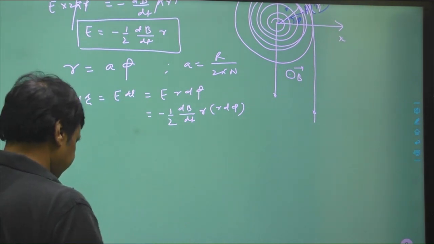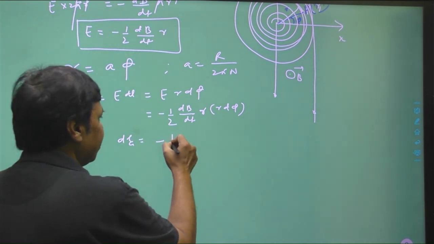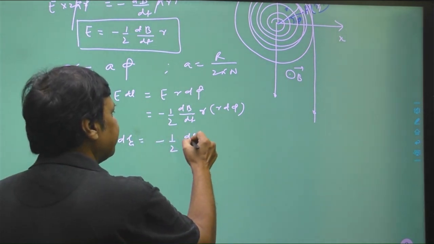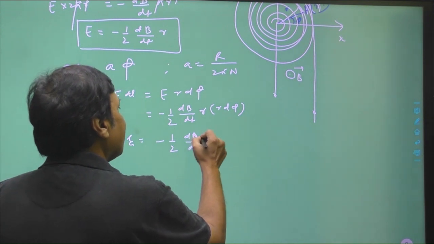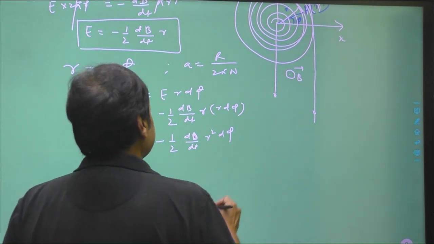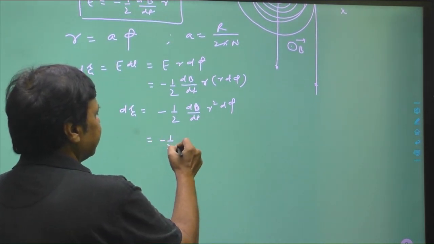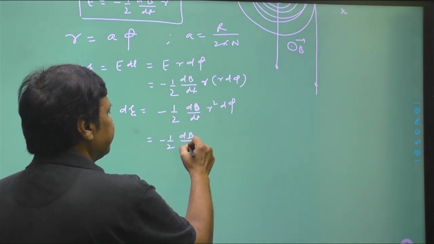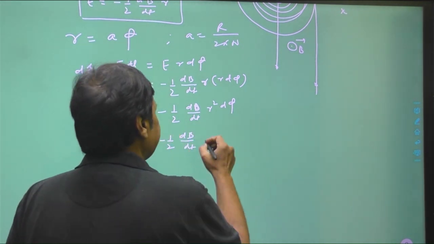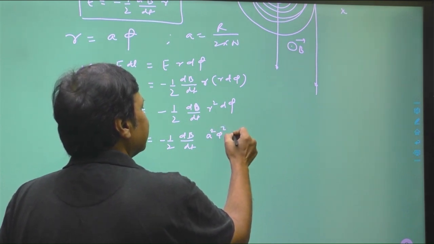So I am writing it as minus half dB by dt integral of r square d phi, and in the next step, with r equals a phi, it becomes a square phi square d phi.